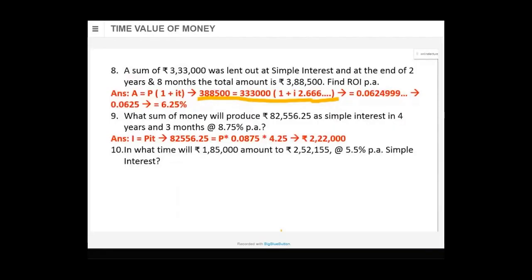If you want days, that is 0.2 multiplied by 30. 0.2 multiplied by 30 is equal to 6. 6 days. So 6 years, 7 months, and 6 days.